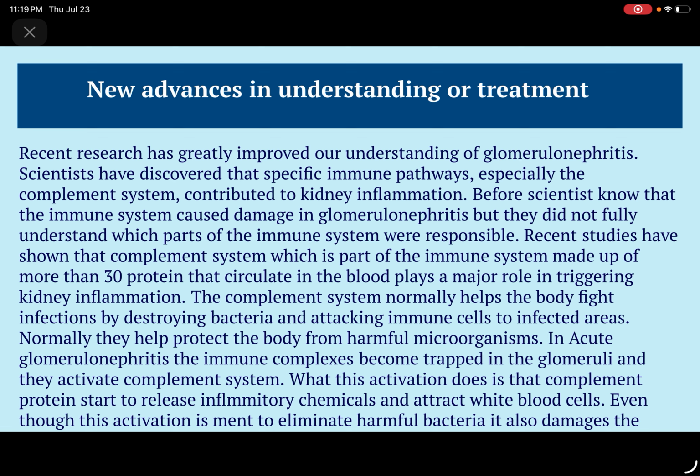One of the biggest advances in research involves the complement system, which is part of the immune system. Scientists have discovered that it plays a major role in causing kidney inflammation. Although the complement system normally helps fight infection, in acute glomerulonephritis it becomes very overreactive and damages the kidney.